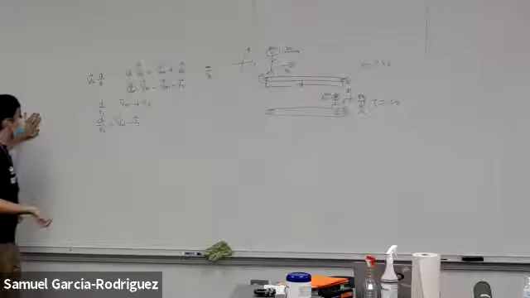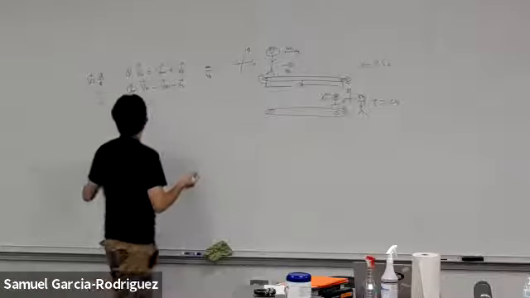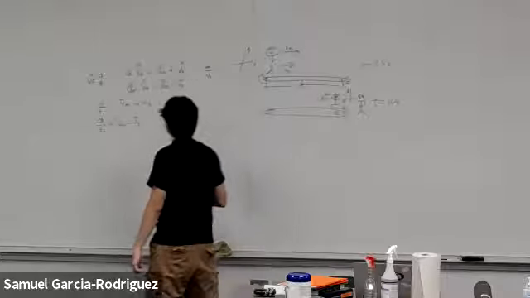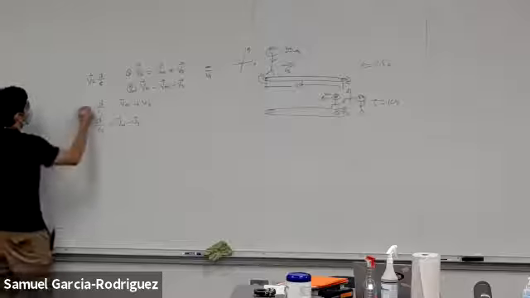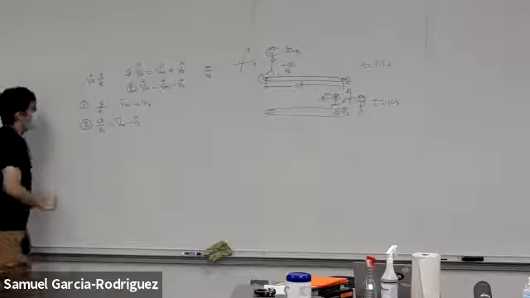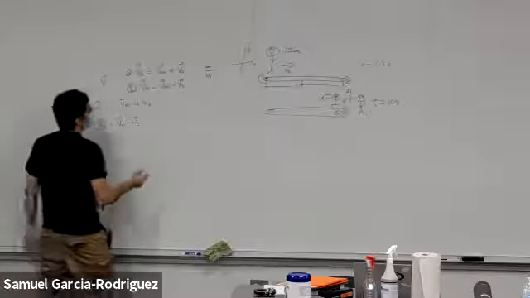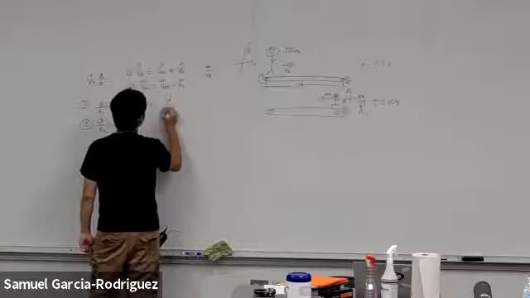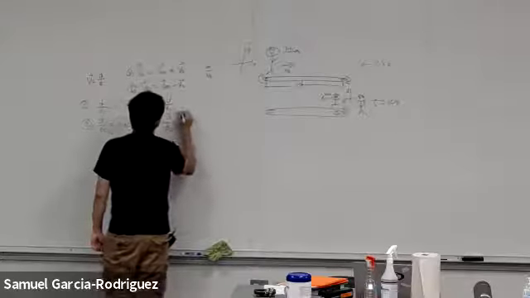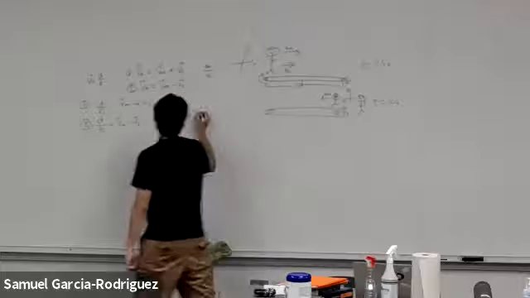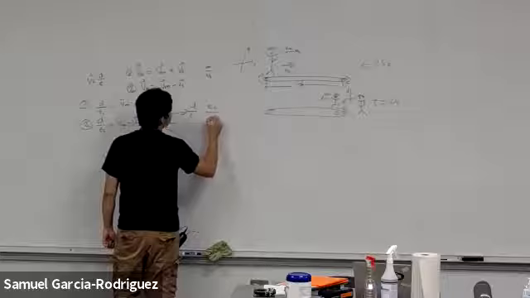Some of y'all might have already figured it out. Some of y'all might have not. I can actually divide these two equations. I'm going to divide my first equation by my second equation. So I'm going to get d over time 1 divided by d over time 2, which is the same as saying d over time 1 times time 2 over d.